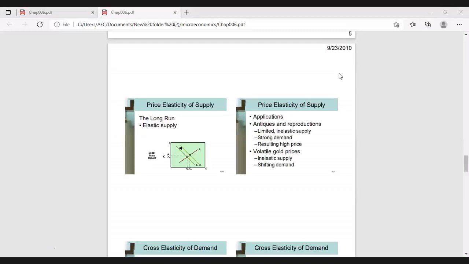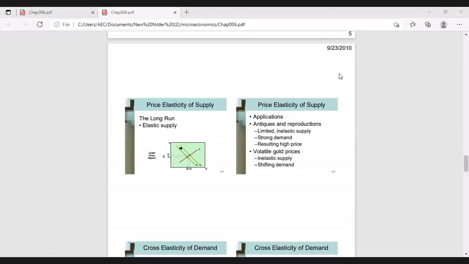Why is gold more volatile? You can see, like agriculture products, the gold price also sometimes goes very high, and sometimes there is a drop in the gold price. So why is it so volatile? Because the supply is inelastic. Demand also sometimes increases.